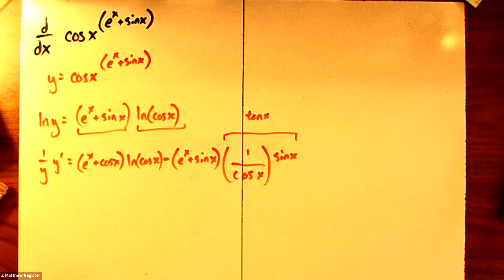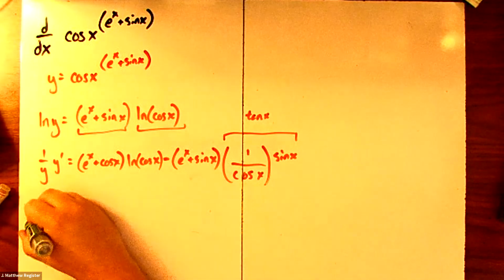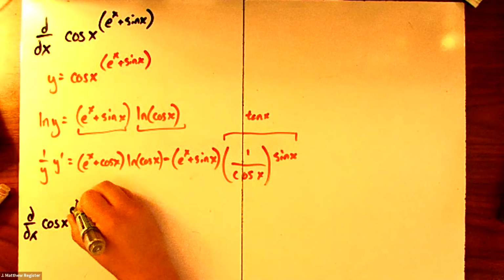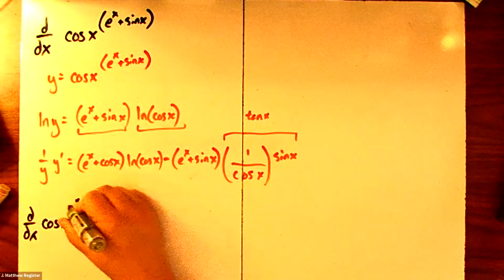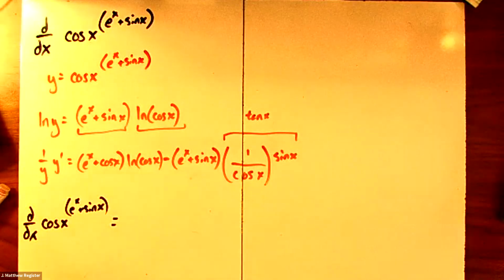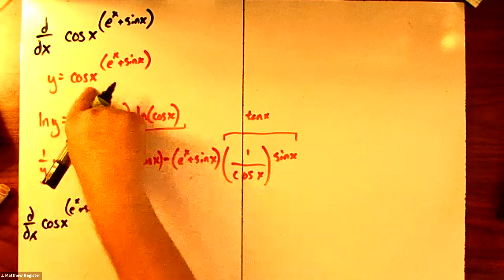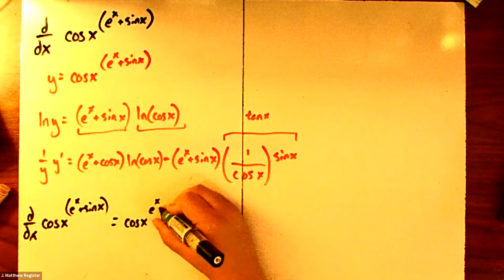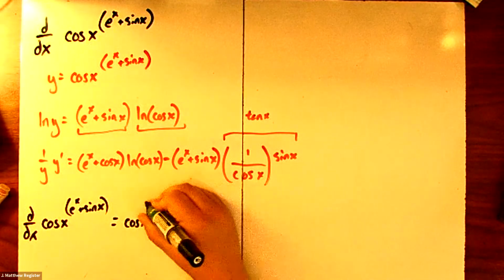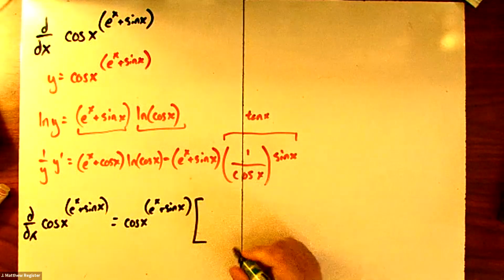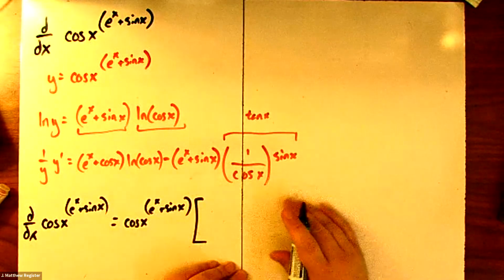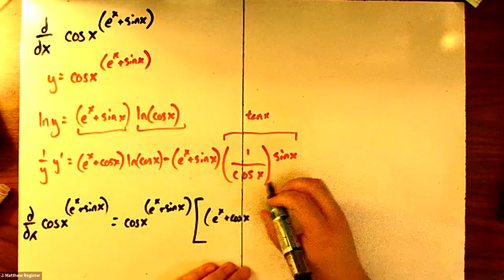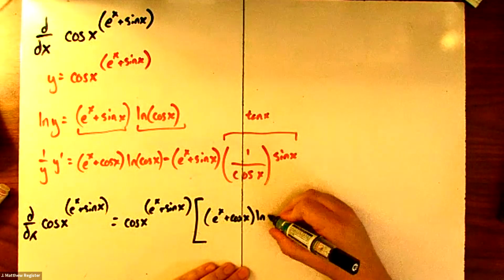And so our final answer is going to be d dx of cosine of x to the e to the x plus sine of x is equal to our y, which is cosine of x to the e to the x plus sine of x, times this whole mess, which is e to the x plus cosine of x times natural log of cosine of x.